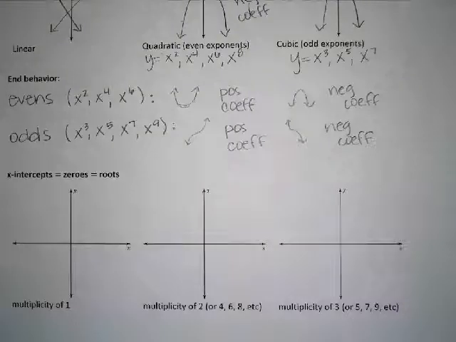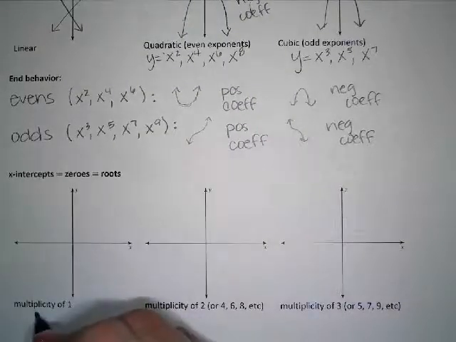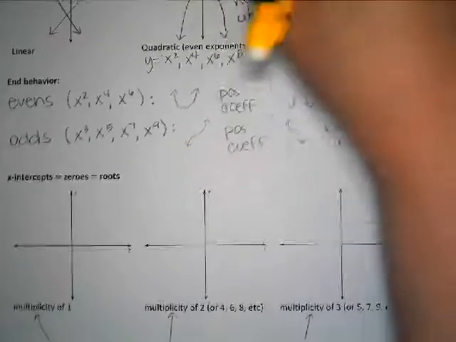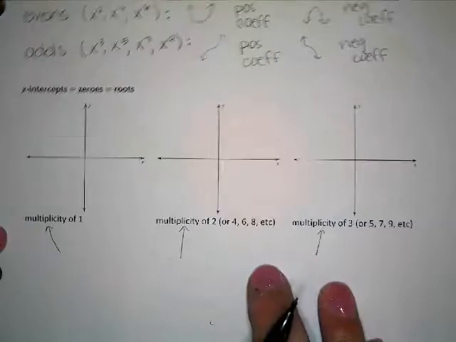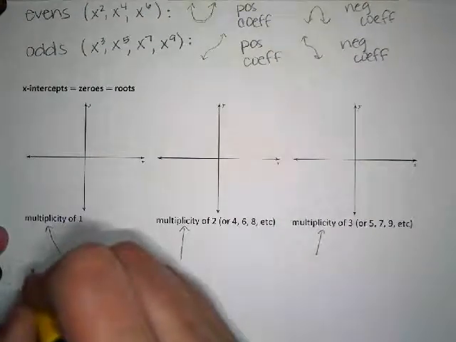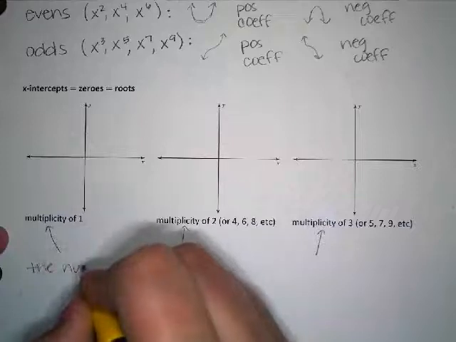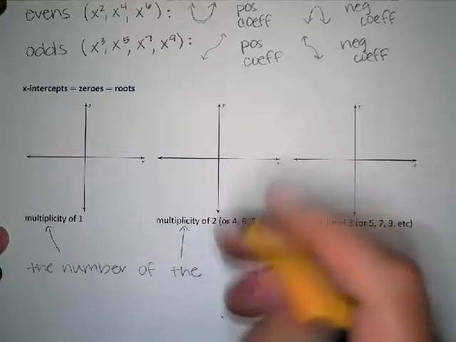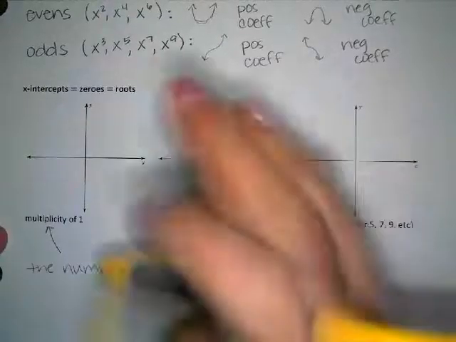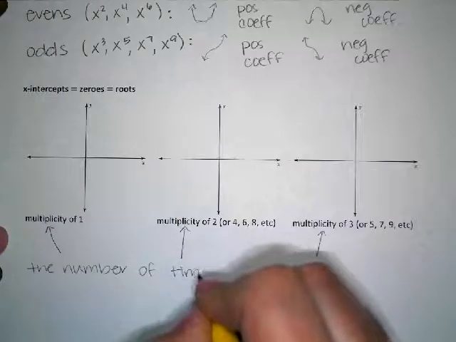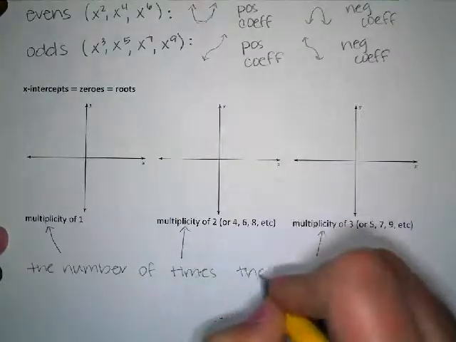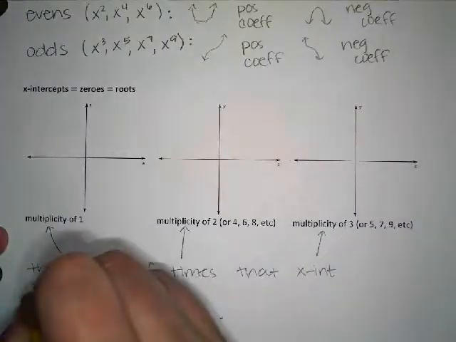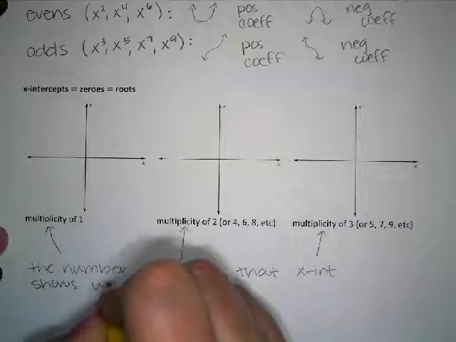So multiplicity, that word, is the number of times that x-intercept shows up in the equation.